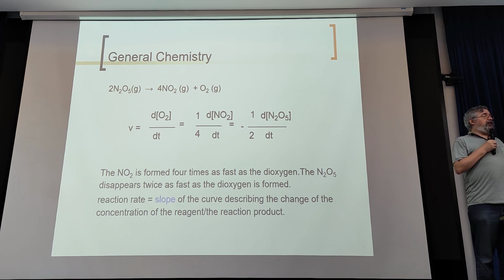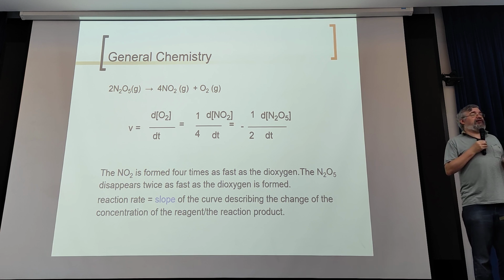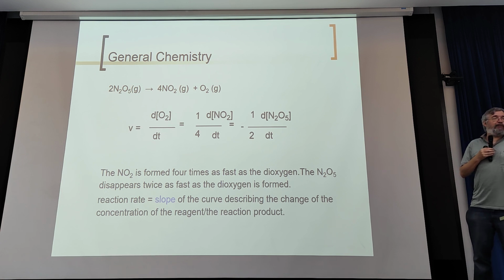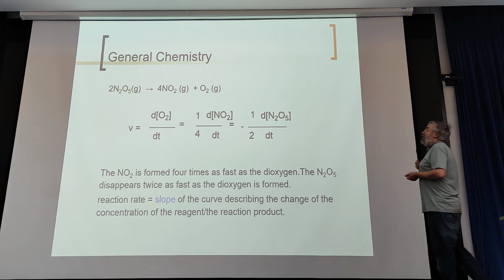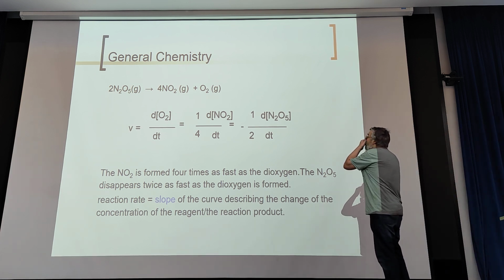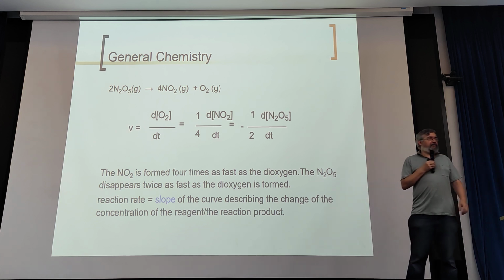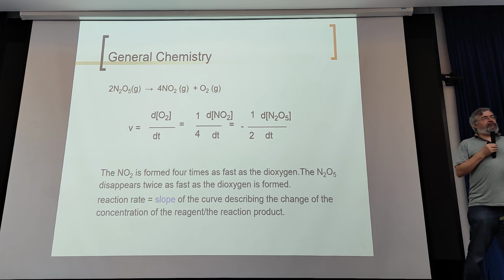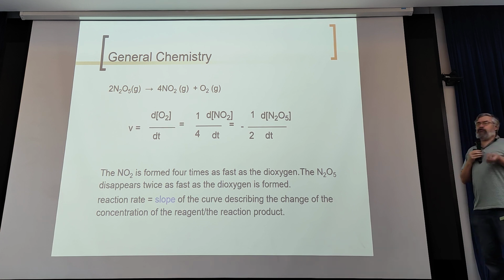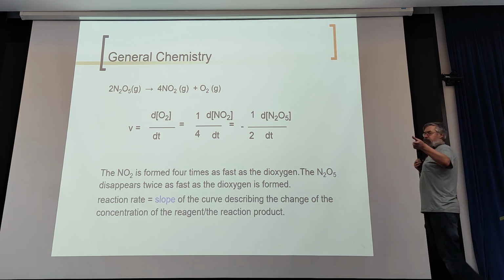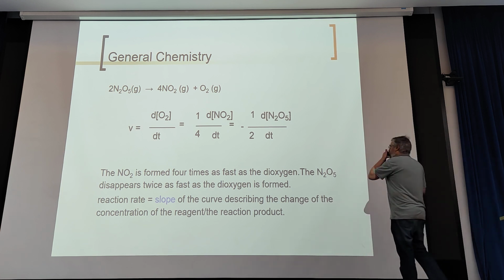So to make them equal, we have to divide by 4, because otherwise the speed at which the reaction is going will be 4 times faster for NO2. And then, since we start with 2 equivalents of N2O5, the disappearance of that is going to be at half the rate of the appearance of oxygen. But we have to change the sign, because we have appearance versus disappearance.